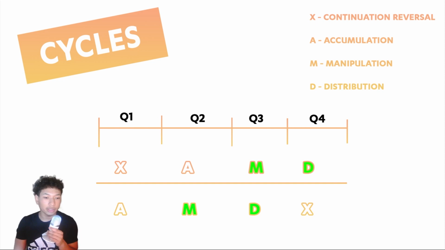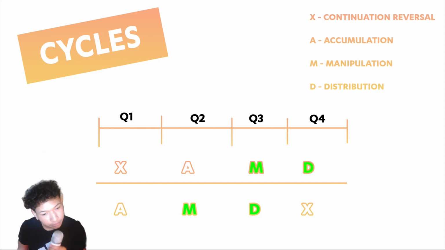So in quarterly theory, what you want to do is trade the concept by ICT called Judas swings. You want to look for a Judas swing in the manipulation quarter, and then you want to look for a low resistance liquidity run in the distribution quarter to trade off of.